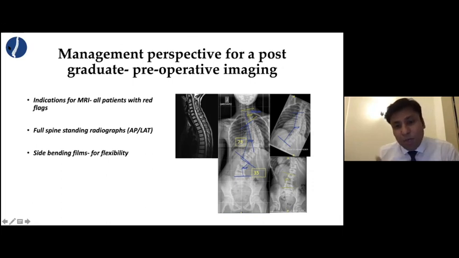This will also be important for your pre-op planning. Do side bending films, again for flexibility. This is the least you have to tell the examiner regarding the pre-operative imaging.